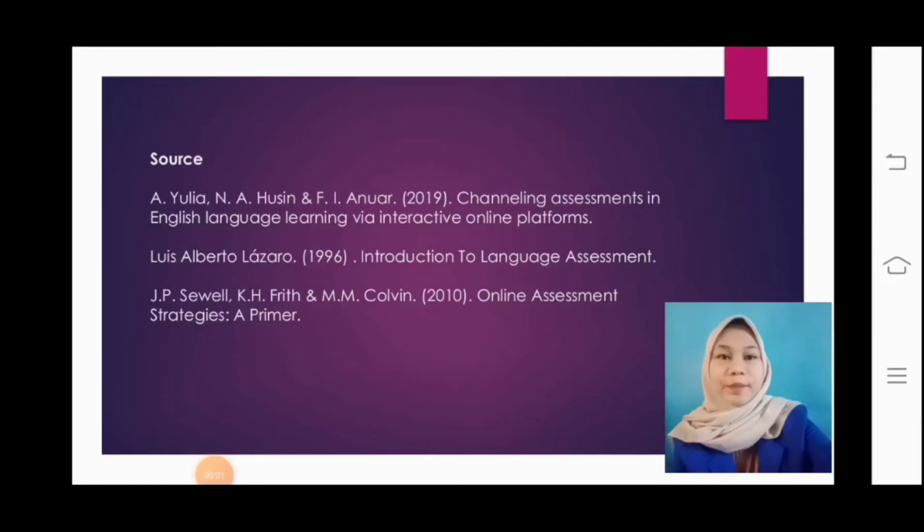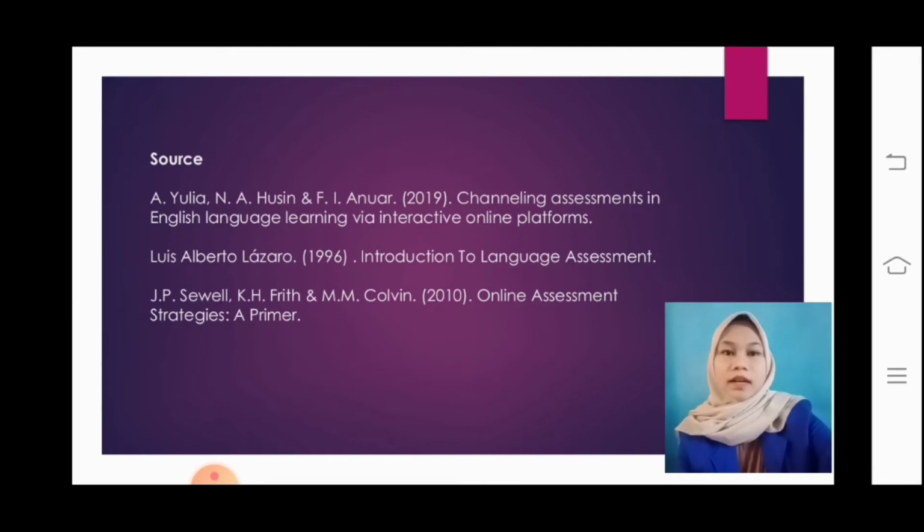Okay, before I explain about the definition of assessment, I want to show you guys some sources from the articles that I read. The first article is Channeling Assessment in English Language Learning via Interactive Online Platforms, written by Asri Yulia, Nur Azila Hussein, and Faiz I. Anwar in 2019.